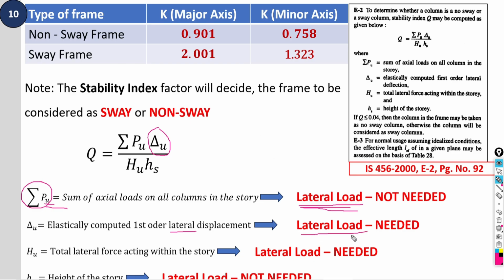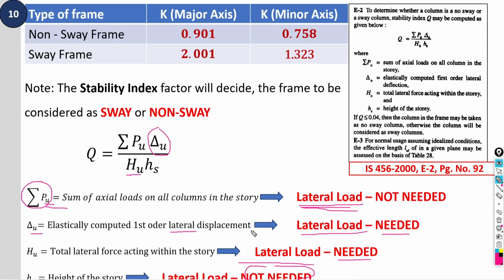If the lateral load is there, only then you can calculate this value. And Hu, the total lateral force acting within the story, again it is asking about the lateral load, which means lateral load is needed, as earthquake or wind. And finally the height of the story, for which lateral load is not needed.